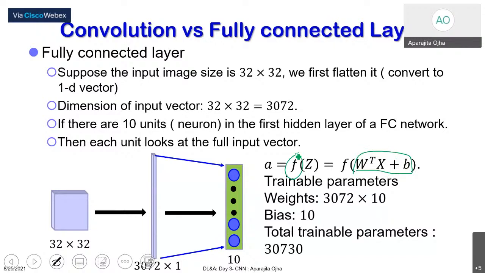So the trainable parameters will be what? 3072, the input dimension, multiplied by 10. So this will be the size of the weight matrix that Purnima was also telling you, and Dr. Santosh Viparthi also discussed in the first class.